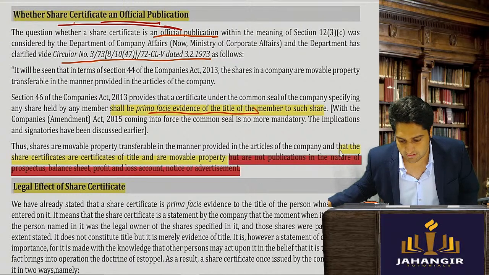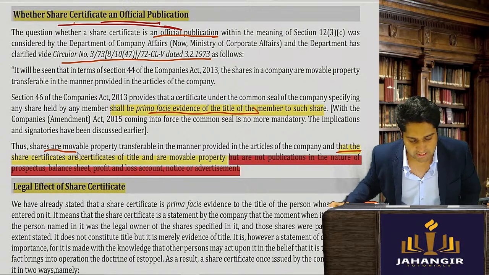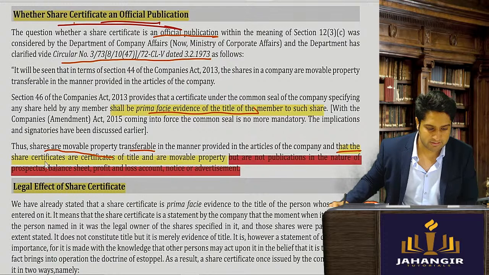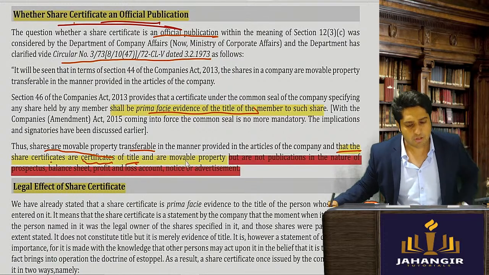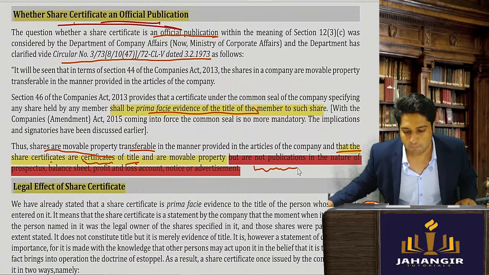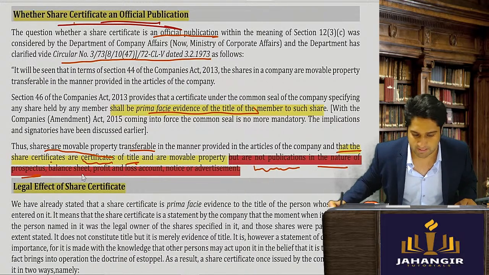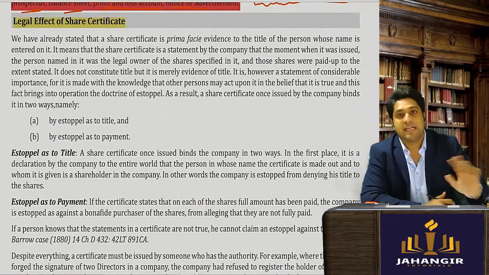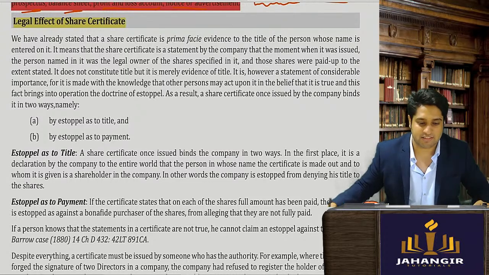It says that the shares are movable property, transferable, and that share certificates are movable, but they are not publications in the nature of a prospectus, balance sheet, profit and loss account or advertisement. Clear?